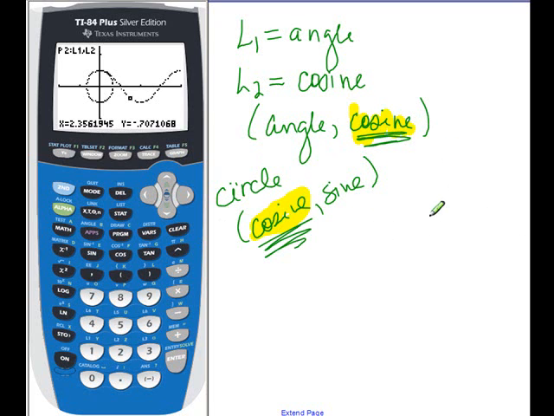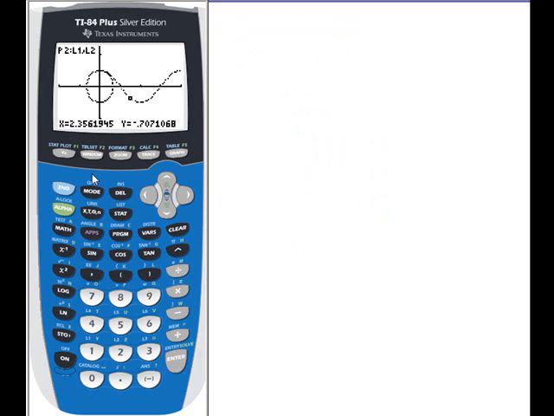Now we're going to go through and take a look at points in the first quadrant, second quadrant, third quadrant, and fourth quadrant, just like we did with our sine curve. So let me trace to a point on my circle that is in the first quadrant. Actually, let me take a look at the very beginning point. Here we have a cosine value. This is the point that corresponds to 0 radians. Notice that the cosine value is starting at 1.